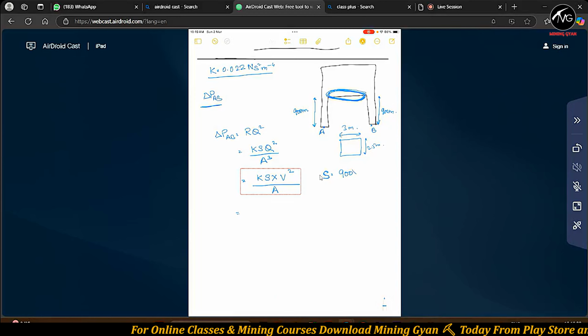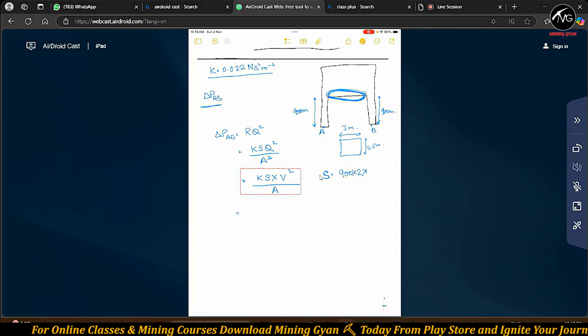Total length of intake and return is 900 into the perimeter, meaning the peripheral area is basically S. So that is the length into the perimeter.